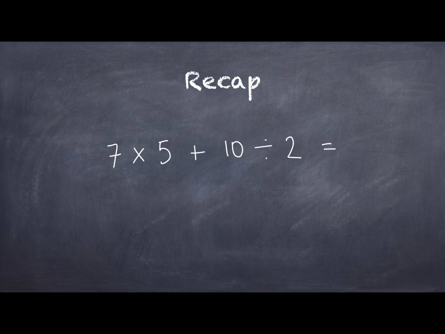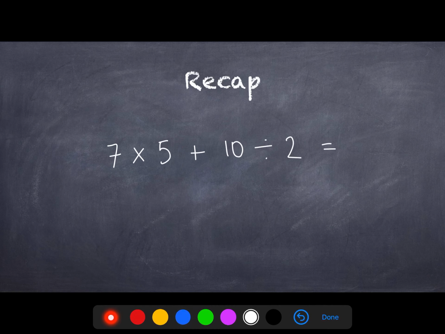So, quick recap from the previous video is if we have this, we have got multiplication, division and addition. If we quickly write up our little BIDMAS in the corner, it's going to look something like that. So we can see that the multiplication and division are on the same level. They come before the addition, so we're going to work from the left hand side through to the right hand side.